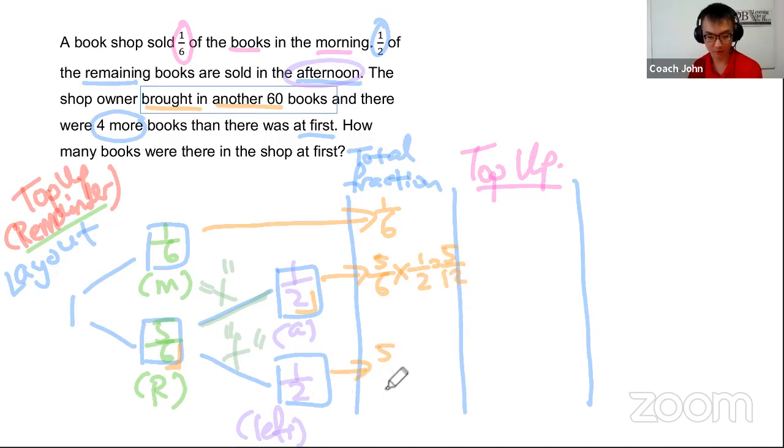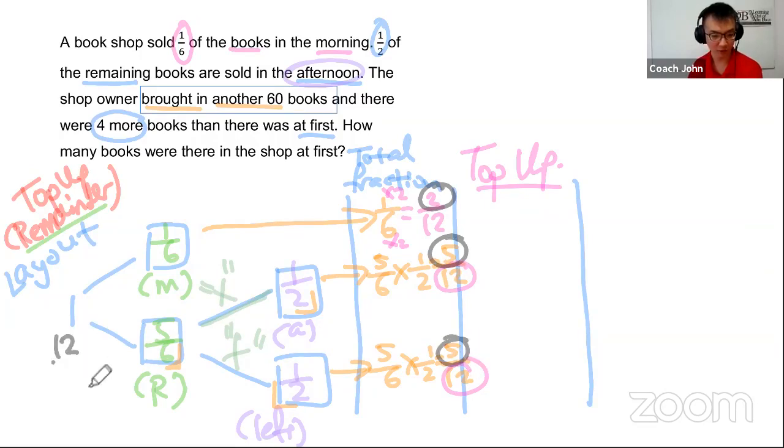And same thing here, 5/6 times half, so we have 5/12. And the total number of units is 12. So I want to change this to 12 as well. So times 2, so it's 2/12. One way to check is when you add up 2, 5, and 5, do you get 12? So in fact, this is 12/12.